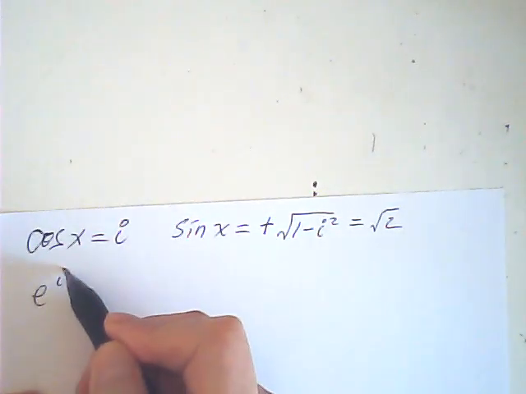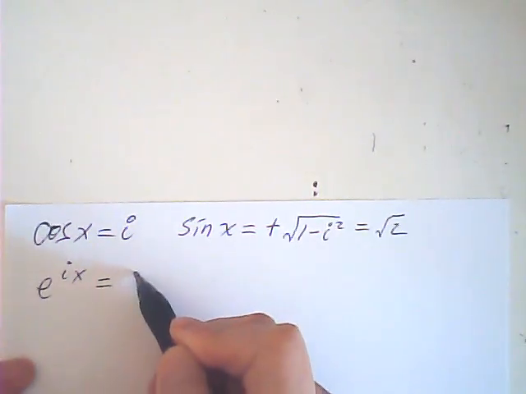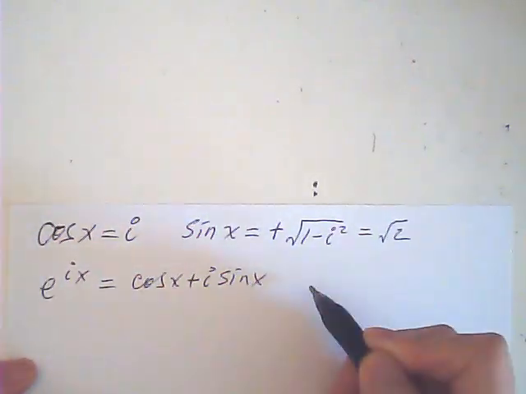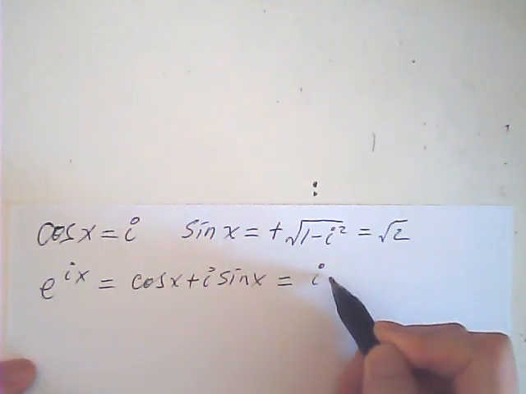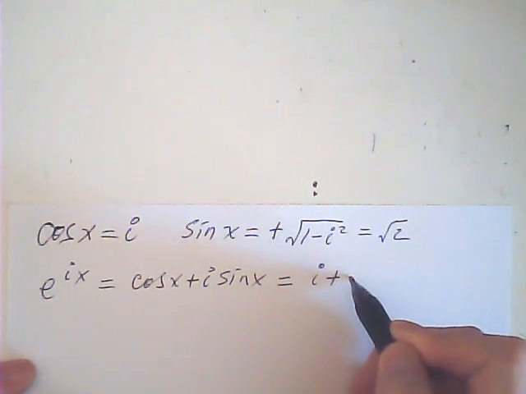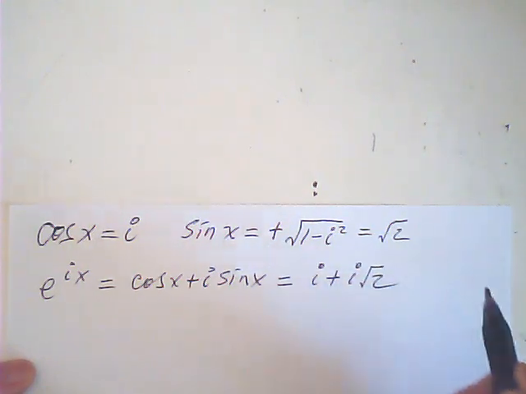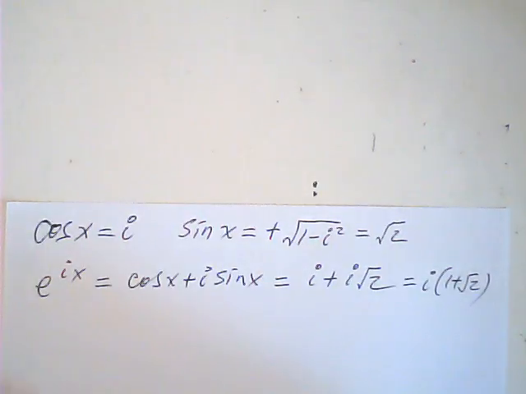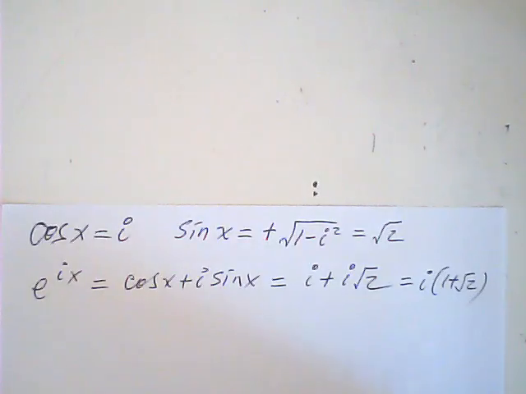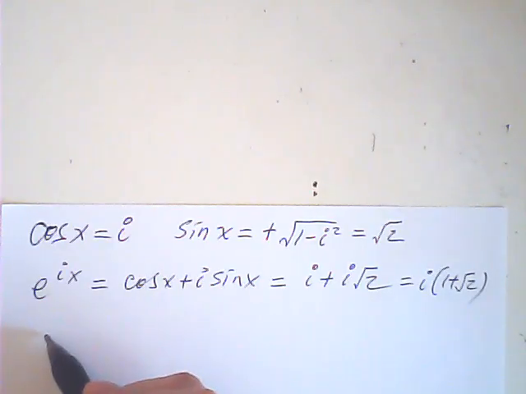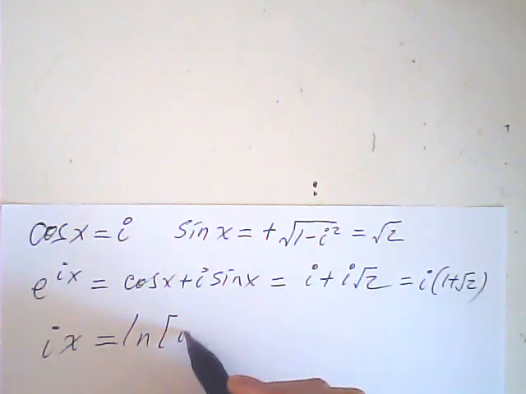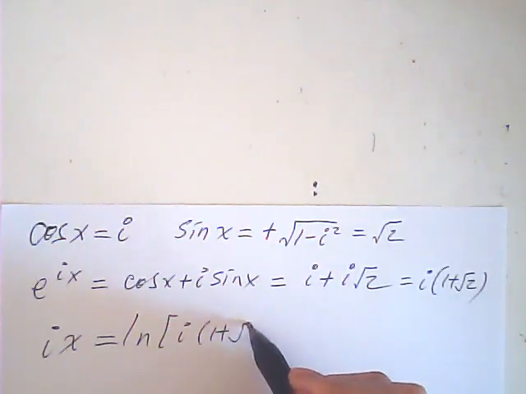Now then, e to the ix is equal to cosine x plus i sine x, which is equal to i plus the root, right? Yeah, equal to i plus or minus root 2. That's correct. Then ix is equal to log of i plus or minus root 2.